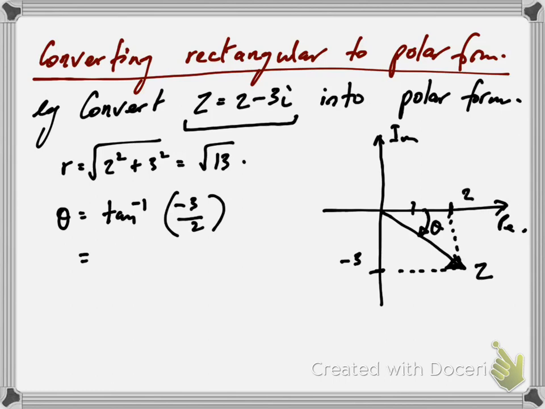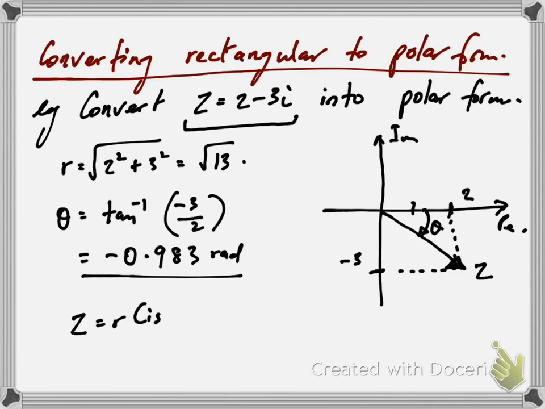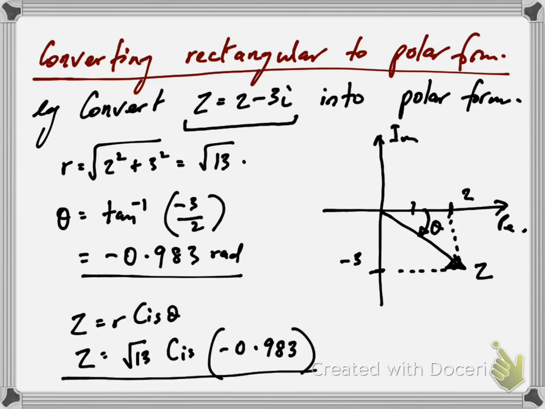And if you plug in the calculator, you end up with negative 0.983 radians. Cool. So the general form of the polar form is z equals r cis theta, so substitute, the modulus is square root of 13 cis negative 0.983 radians, and that's your polar form of 2 minus 3i.